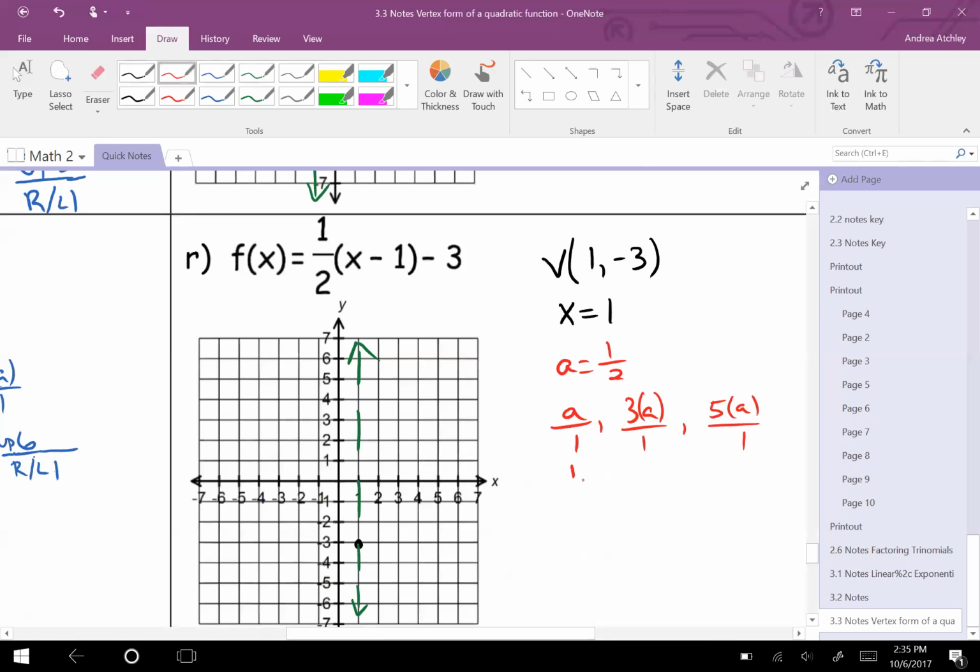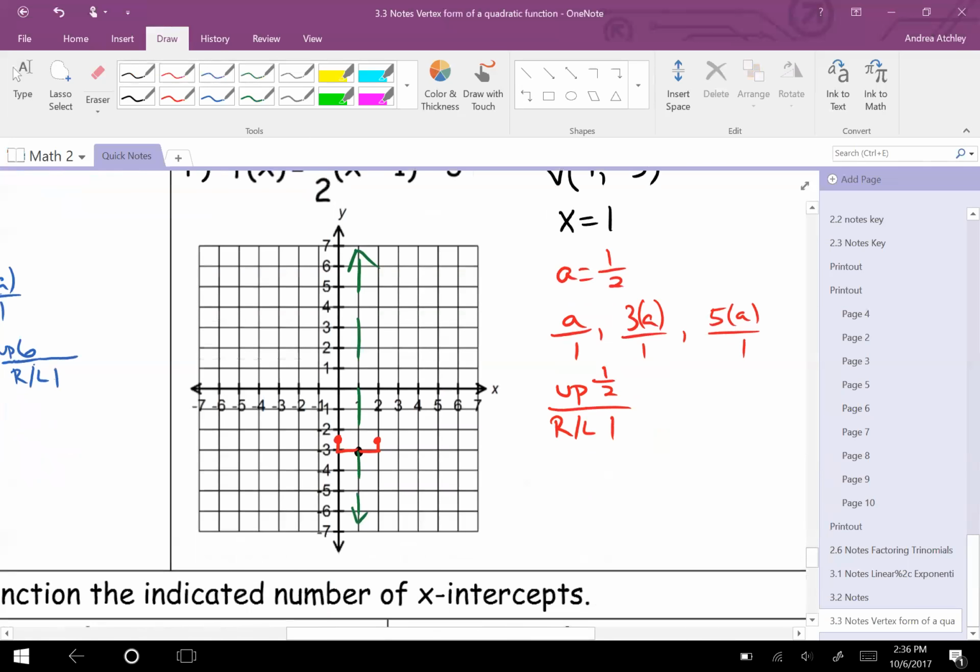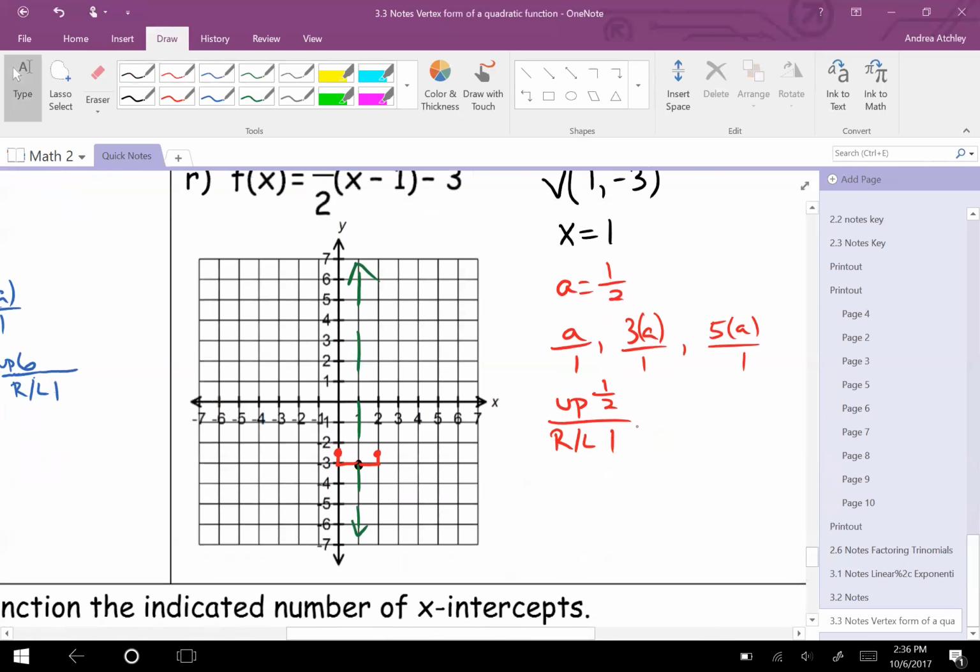So in this case, it's 1/2. It's positive, so it's up 1/2 and still right and left 1. So from here, I go to the right 1 and up 1/2. So it's in between. Left 1, up 1/2. Okay. The next one is 3 times 1/2 over 1.